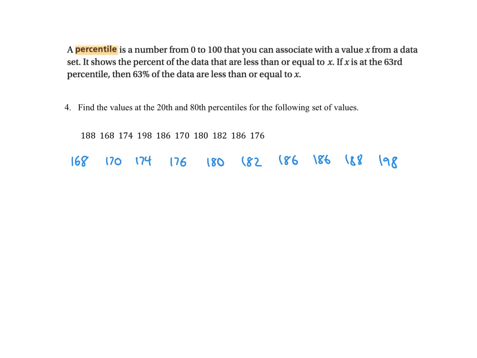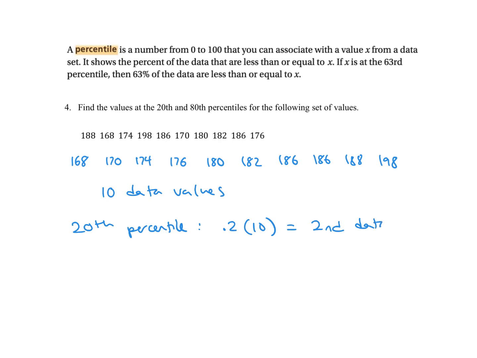And now that they're in order, to find the number that represents the 20th percentile, since there are 10 data values, I take 20%, which is 0.2, times 10, the number of data values, and I get 2, which means that the 20th percentile is the second data value. And in this case, that is 170.